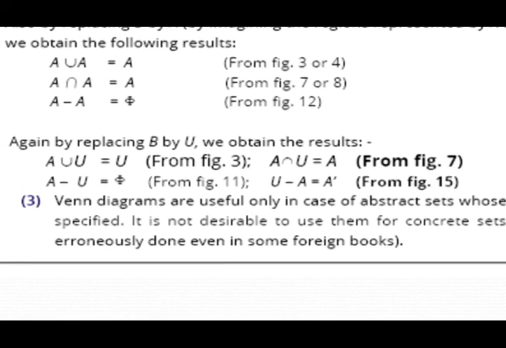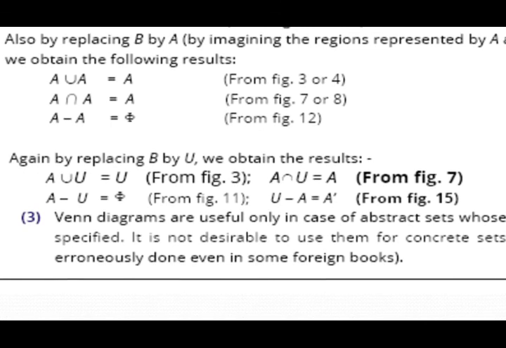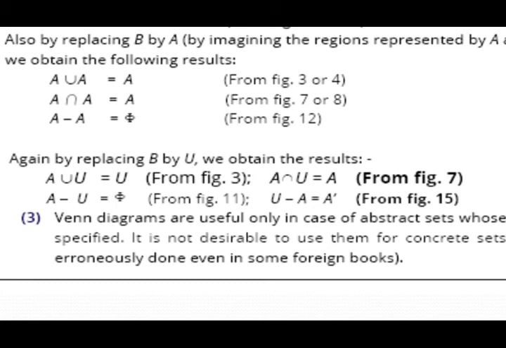And then the union of A with the universal set is equal to U and the intersection is equal to A. A minus U is equal to the empty set and U minus A is called the complement of A.